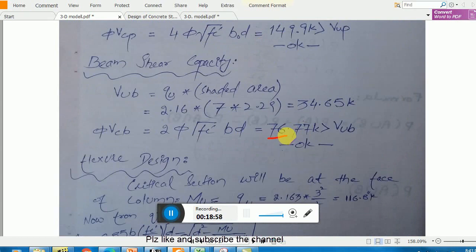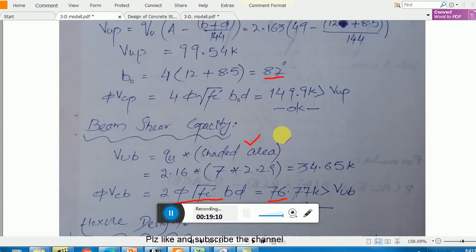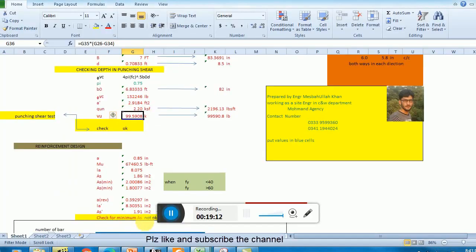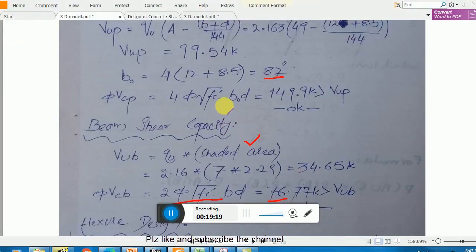And 76.77 is the shearing capacity in the beam. You see this is A dash, and Vub is basically how much, let me check it.